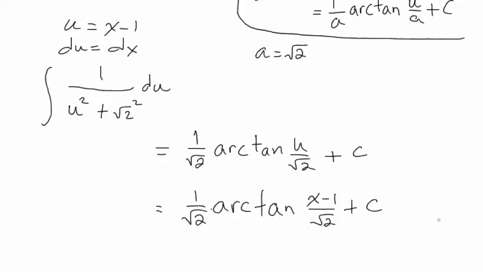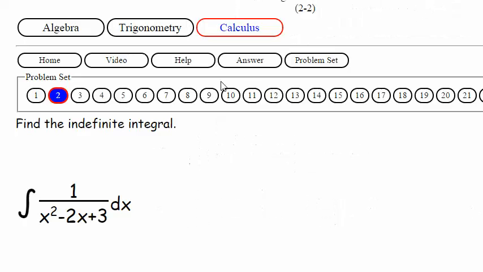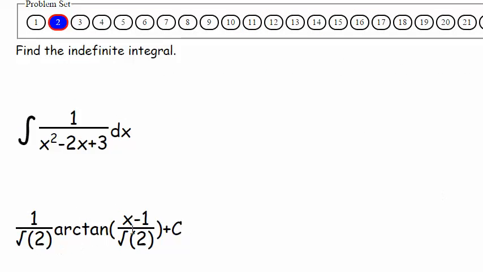Okay, where are we at? Let's see what we got here. Okay, I believe that was it. 1 over the square root of 2 arctan of x minus 1 over the square root of 2. Now I'm going to make some mention here, and that is that this number may not be completely simplified.